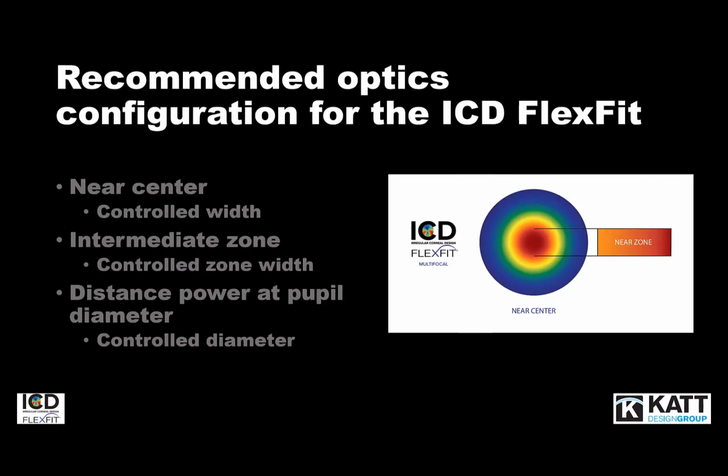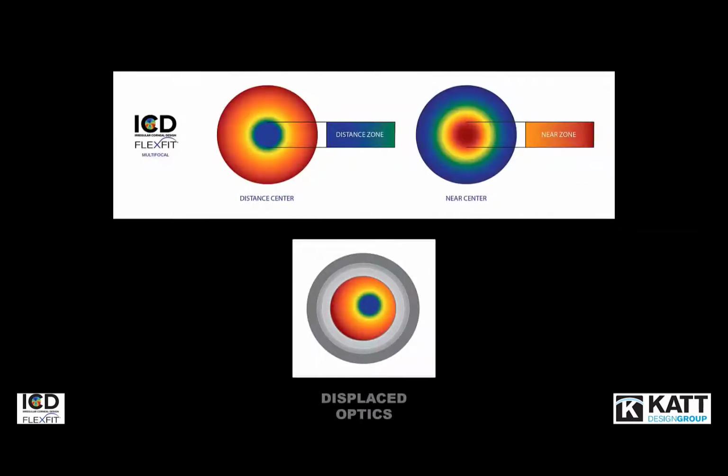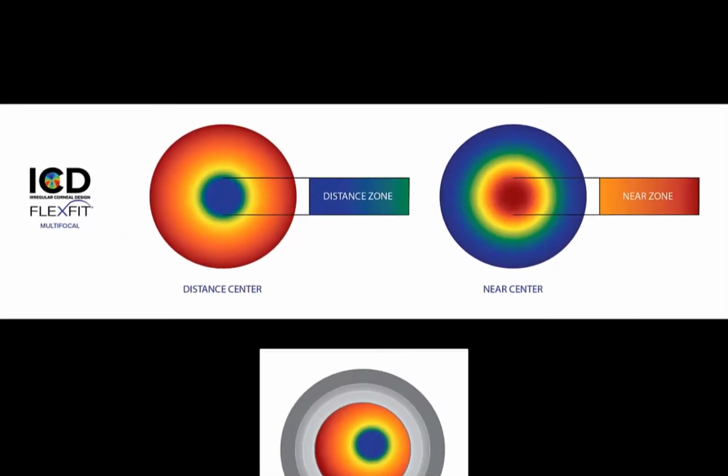The near center allows the same wide range of customization as the distance center option, where the width of the near center diameter is controllable, as well as the intermediate, as well as the distance zone diameter. The ICD FlexFit multifocal allows practitioners a wide range of customization, with the ability to create a distance center or a near center and control all of the zones of the lens.